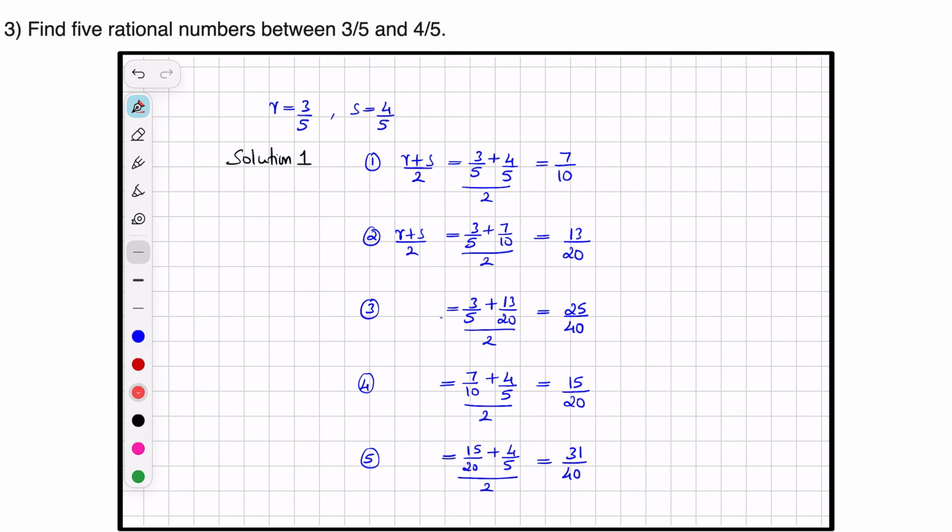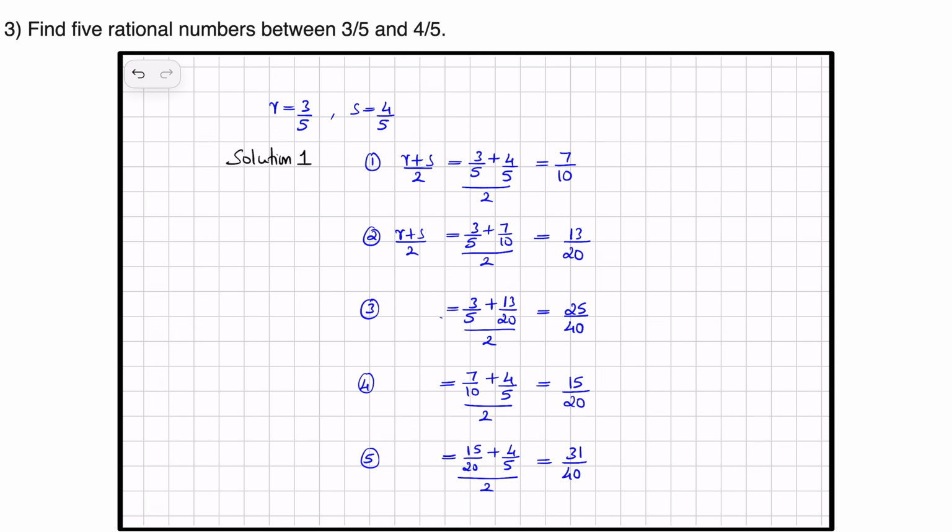So using solution 1 methodology, we have calculated the 5 rational numbers between 3 by 5 and 4 by 5, and you have the correct answer with you now. Okay, now as I said before in the previous lecture, the choice of r and s matters.